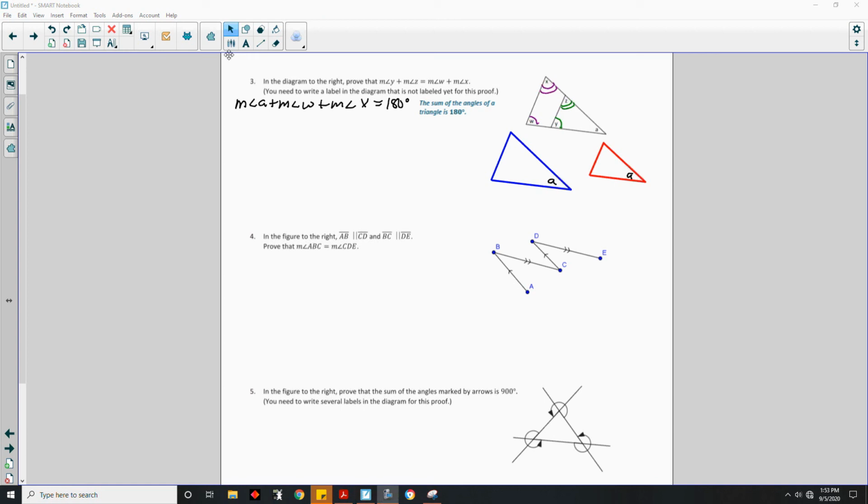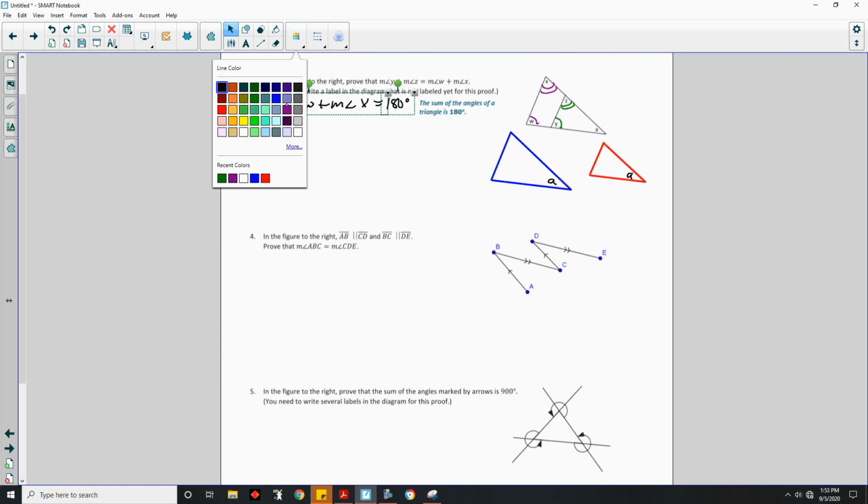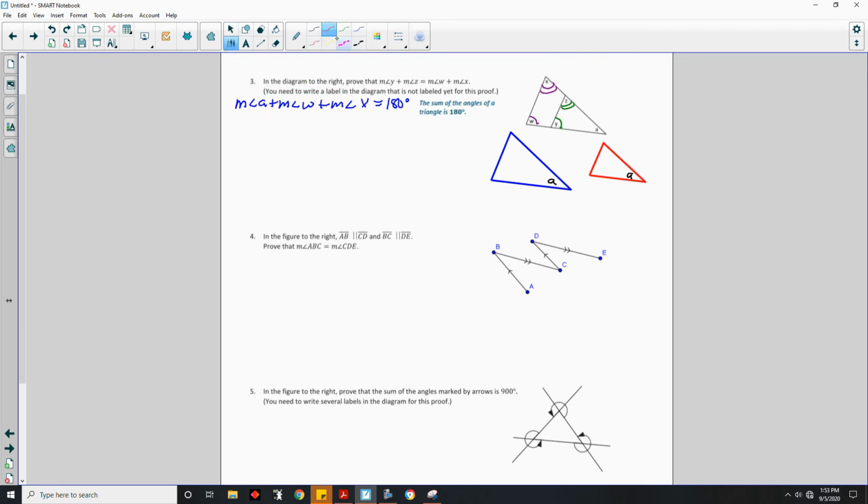Okay, well now let's focus on the red triangle. So that was the first one. And now the red triangle, and actually let me change this to blue, because that's our blue triangle. Now let me focus on red.